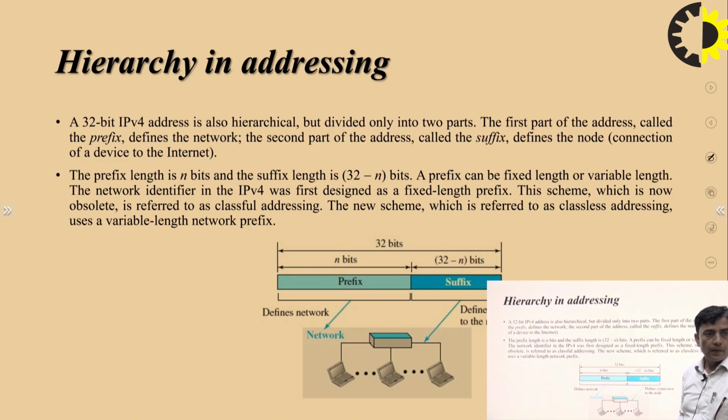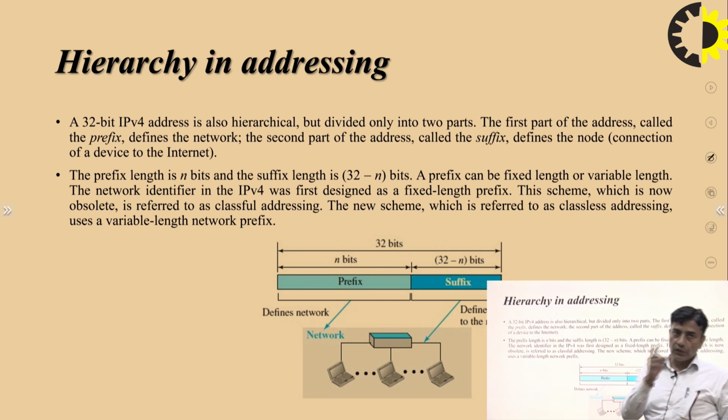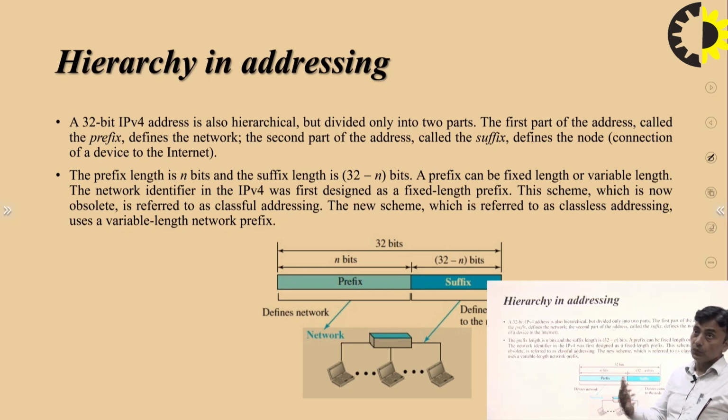So, hierarchy of addressing. In IPv4 addressing, the whole 32 bits are divided into 2 important fields. The first field deals with the network ID, which decides to which network this data belongs and where it is supposed to be delivered.